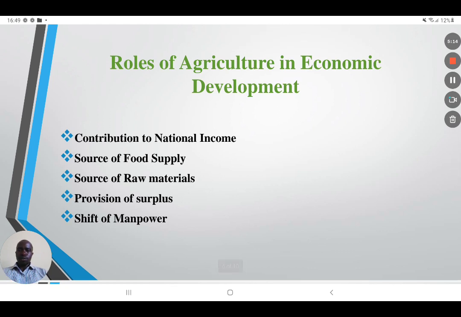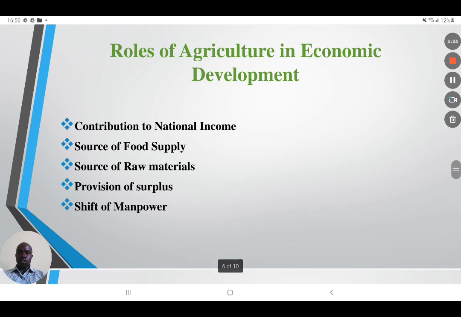Then number 2 is a source of food supply, and this means that agriculture provides food in different forms such as carbohydrates, proteins, vitamins, and fats. All these are a result of agriculture. Then the other role of agriculture is a source of raw materials for other industries.